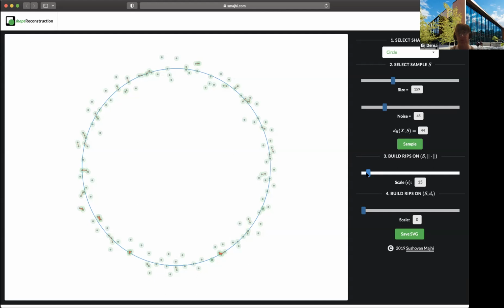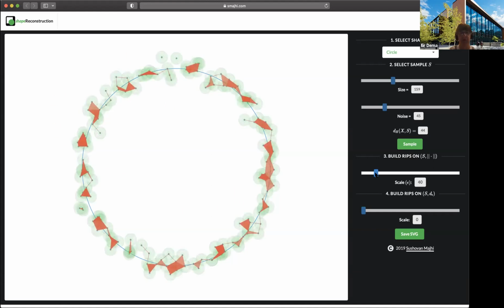So we grow these teeny tiny balls around the points, and as they touch one another, we form simplices of dimension 1. If 3 balls intersect, we form simplices of dimension 2, and so on. As we keep increasing this radius, we see more and more simplices forming, in dimension 1, dimension 2, dimension 3, and maybe dimension 4, and so on.